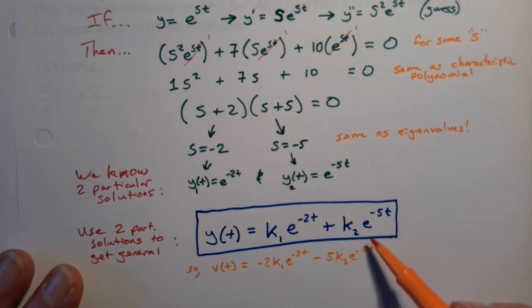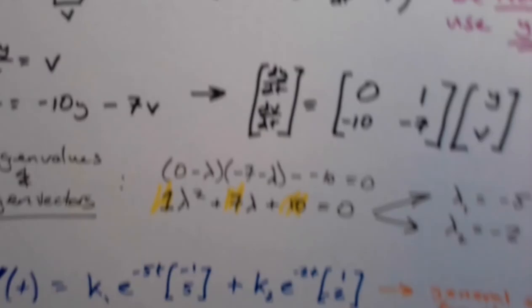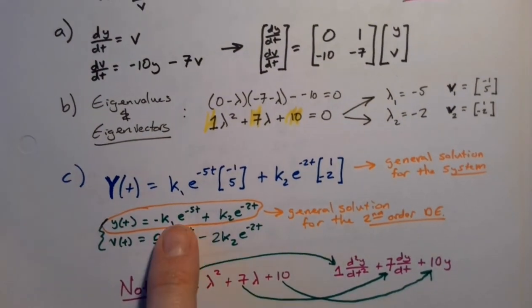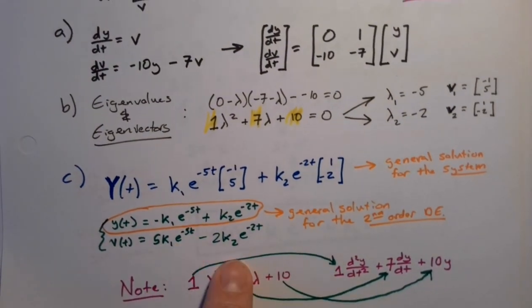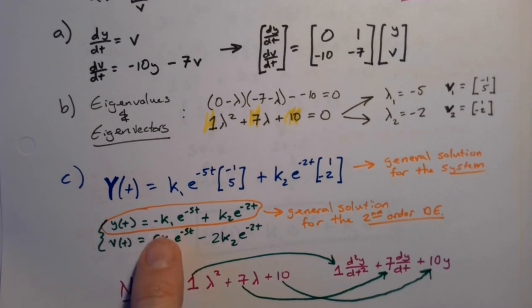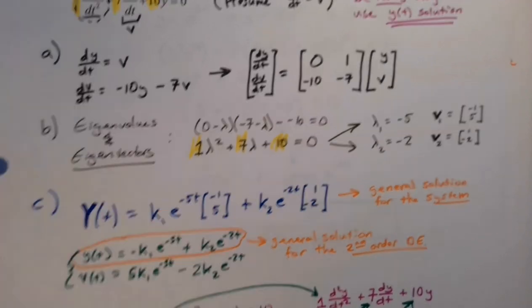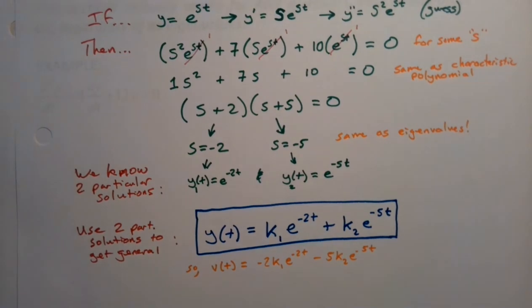And the relationship between y and v is exactly the same here as it was on the previous page, right? The signs are opposite for each one of these two terms, and the value of k becomes 5 times bigger, becomes 2 times bigger for the velocity. So we get the exact same result.